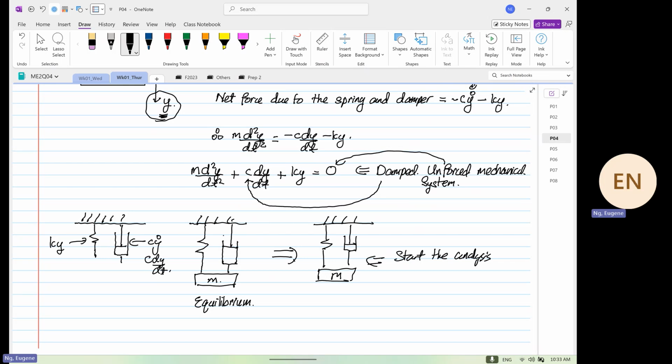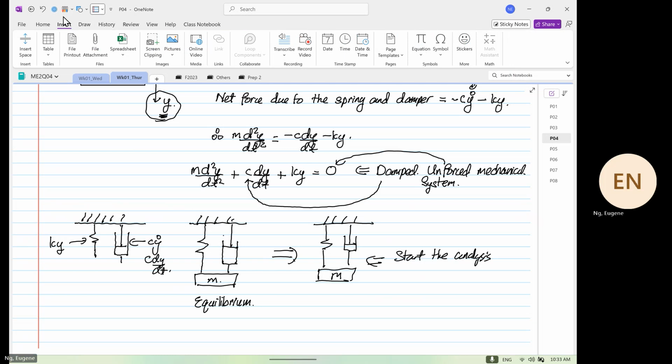So now we have a system over here. Okay. So I will tell you how this is derived. So we mathematically, based on how we inject drugs into our body, we derive this expression where m is multiplied d squared y over dt squared plus c dy by dt plus ky.